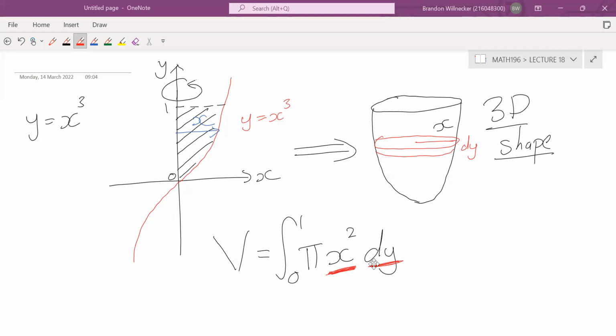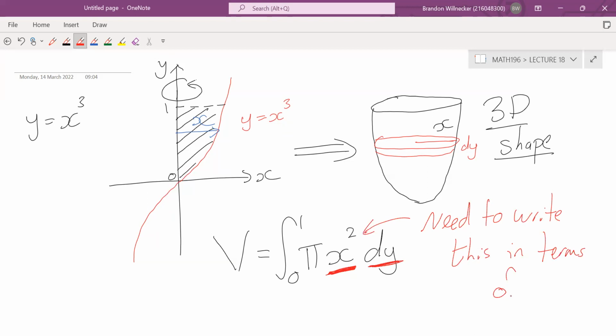That's not going to work. So we need to write this in terms of y, so that it matches up with the integral that we're trying to make.